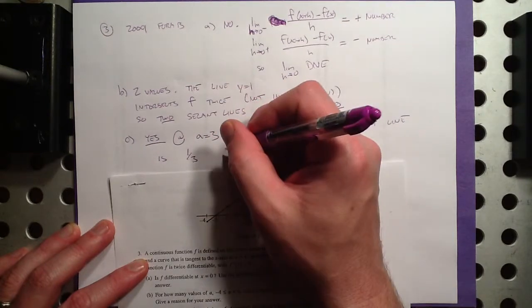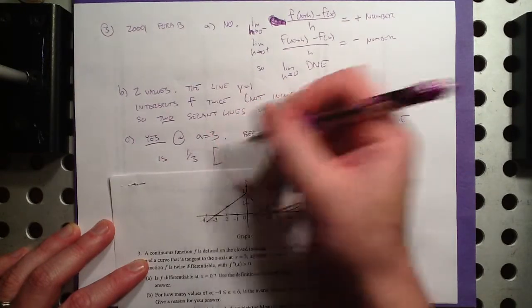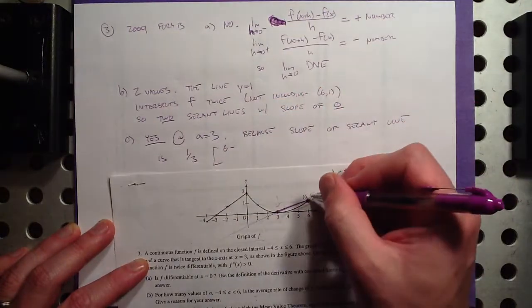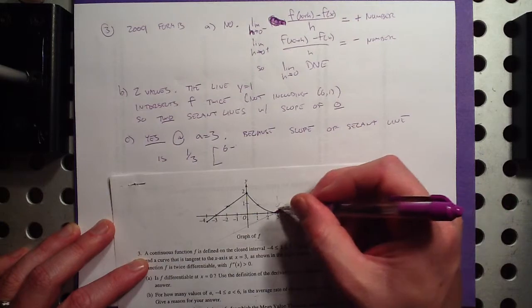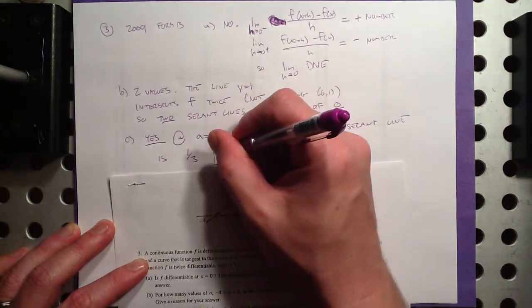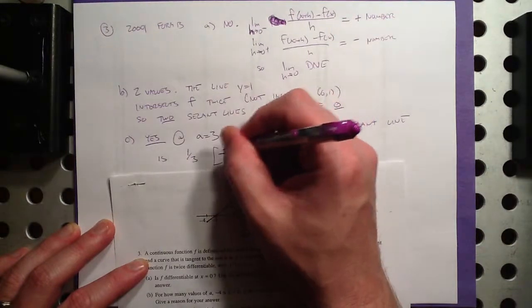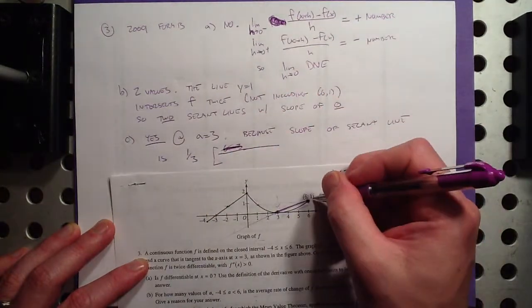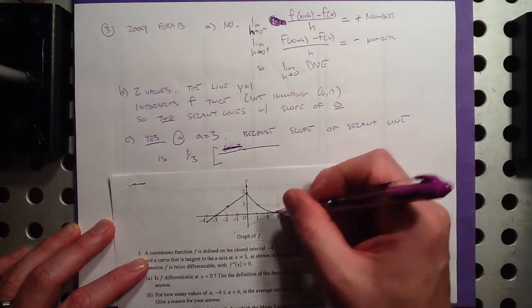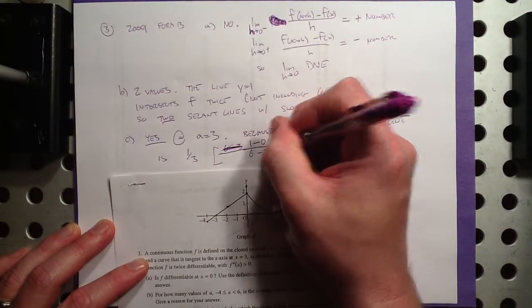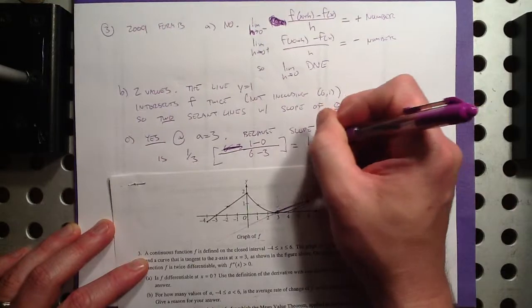And if you wanted to show the justification for that, the math would be 6 minus the x-coordinate here, 3, over, sorry, rise over run, y minus y over x minus x, is equal to 1/3.